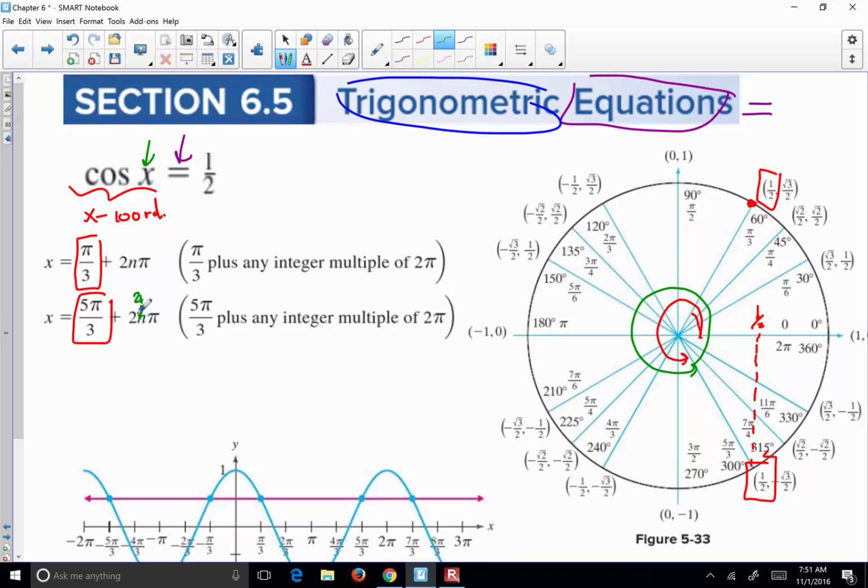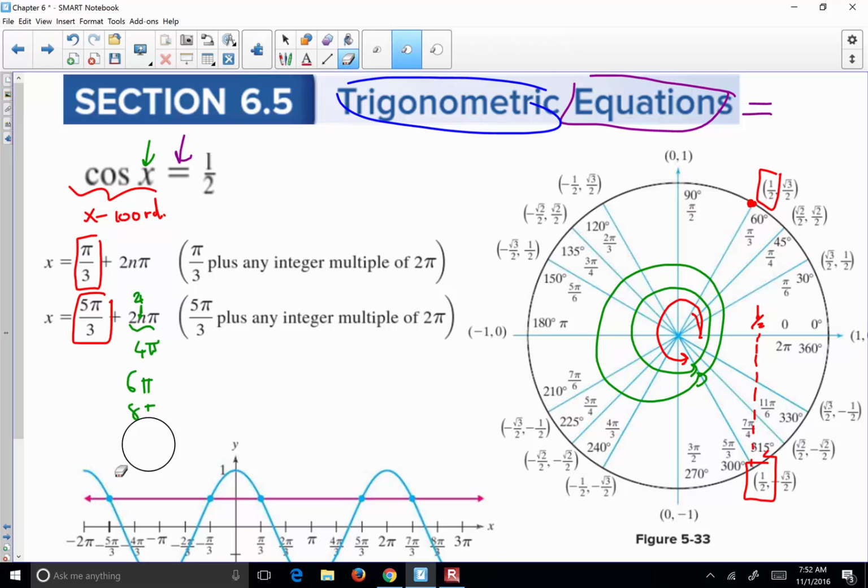I add 4 pi, that means 2 cycles, and I stop at the same value, 1 over 2. I add 6 pi, 8 pi, 10 pi, 1 million pi. No matter how many even multiples of pi I add, cosine of that angle always equals 1 over 2. So we need to generalize and write all these solutions at once.